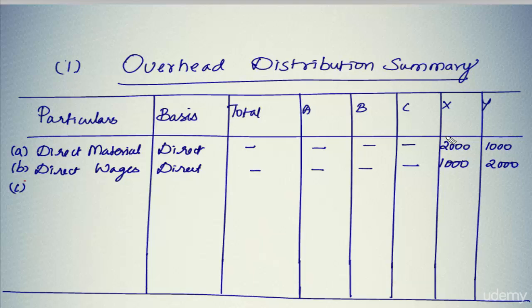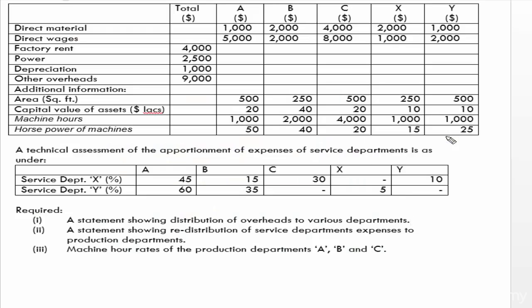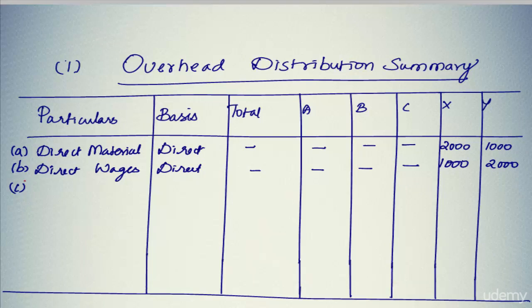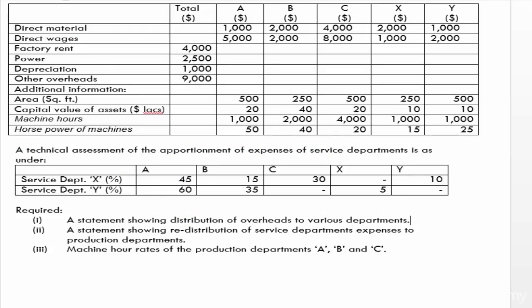We should get started with the factory rent, and the total cost is $4,000. Factory rent has to be apportioned on the basis of area in square feet. So I'll write here factory rent, and the ratio which we should follow is 5:2.5:5:2.5:5.